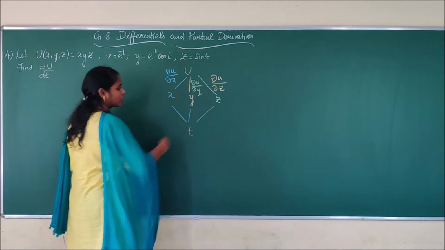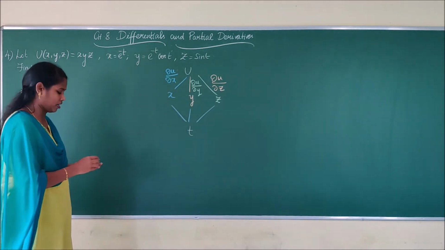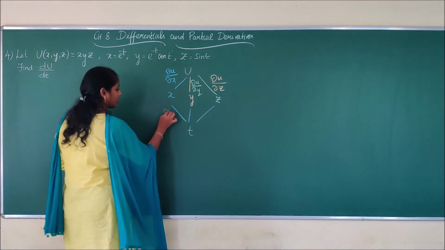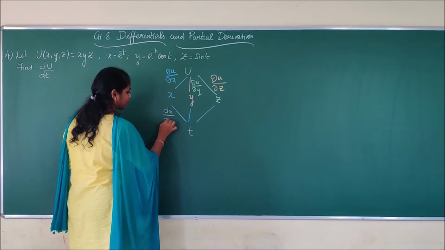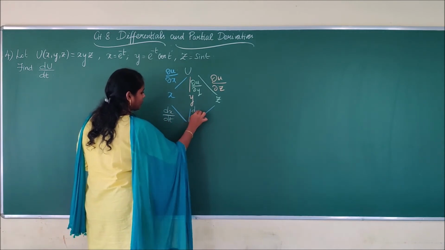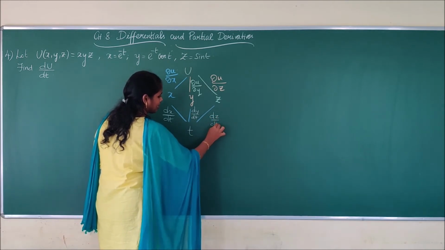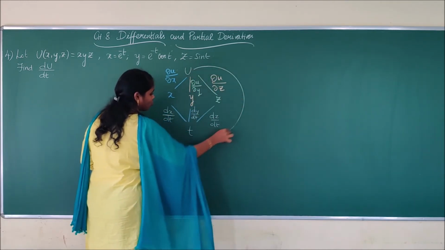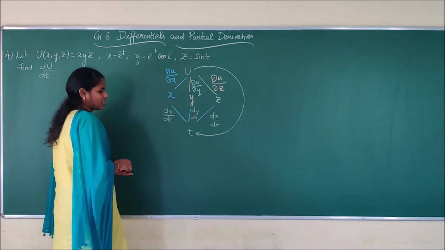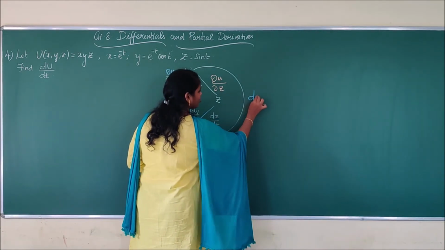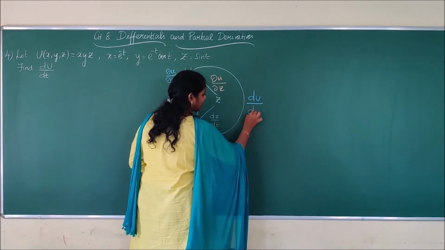But here all 3 variables depend on a single variable, so we will use direct differentiation: dx by dt, dy by dt, and dz by dt, whereas u is differentiated with respect to t, and here we write this as du by dt.